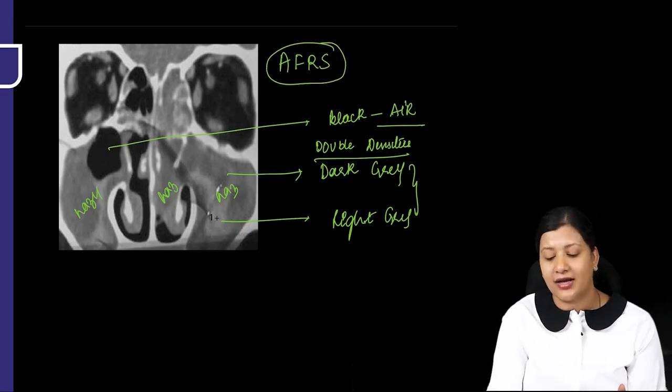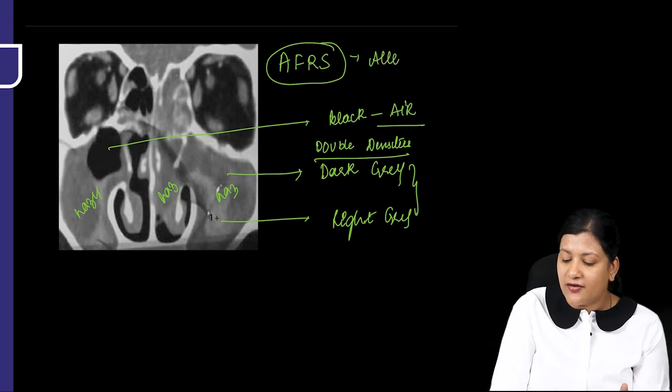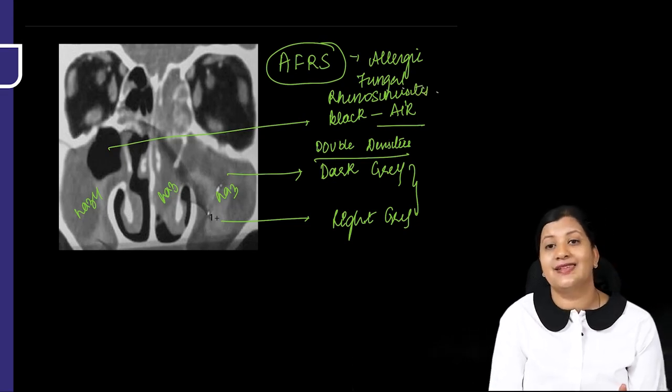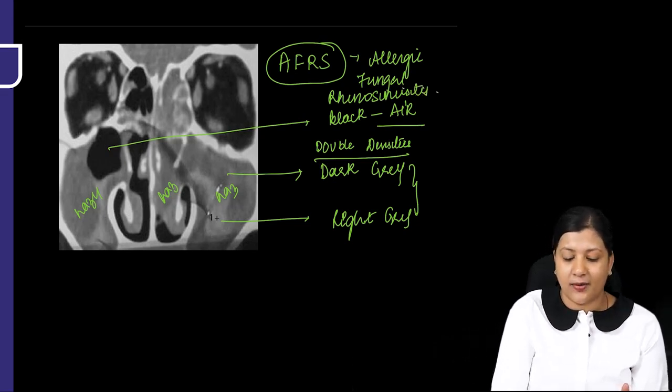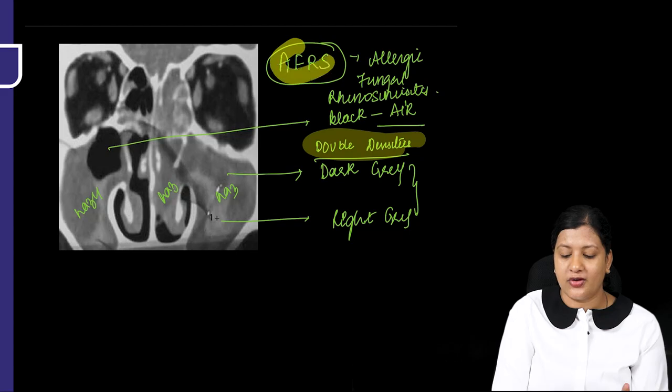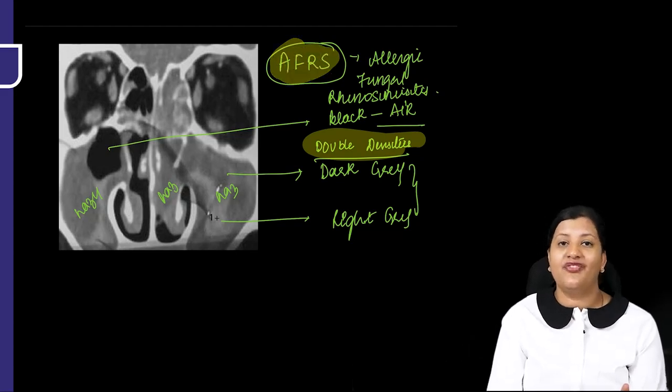What does AFRS stand for? Allergic fungal rhinosinusitis. So in allergic fungal rhinosinusitis, you get this sign which is nothing but your double densities. So the presence of double densities should prompt you to the diagnosis of AFRS, allergic fungal rhinosinusitis.